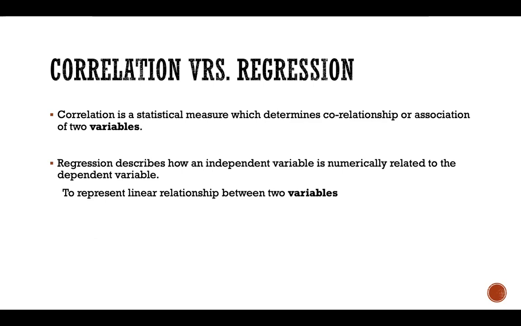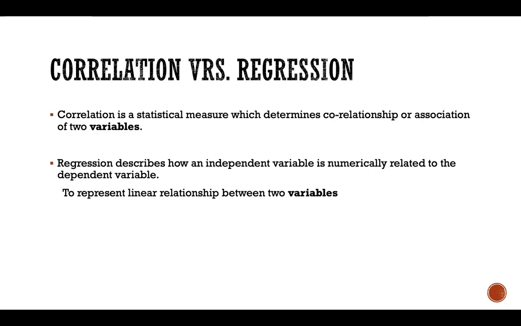Now, these terms are used together most of the time: correlation versus regression. So what is the core difference? Correlation is a statistical measure which determines the relationship or association between two variables. It tells us the strength, direction and type of relationship.